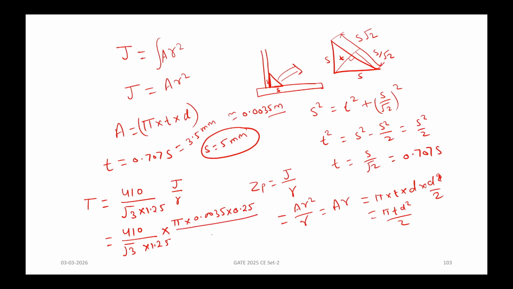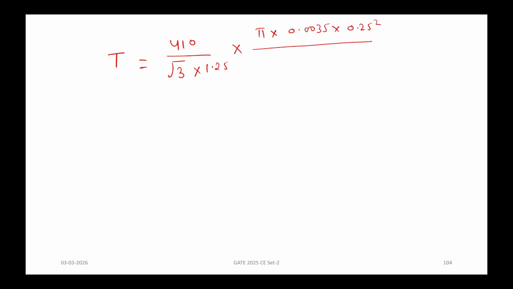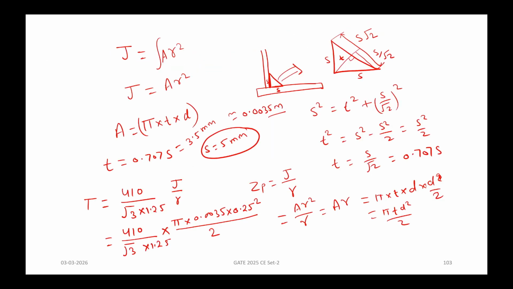So T is 410 divided by root 3 into 1.25 into pi into 0.0035 into 0.25 square divided by 2.